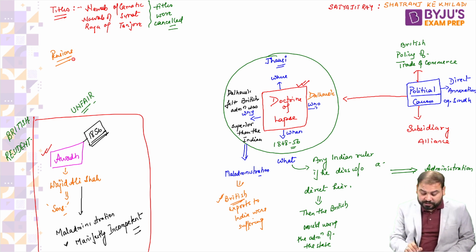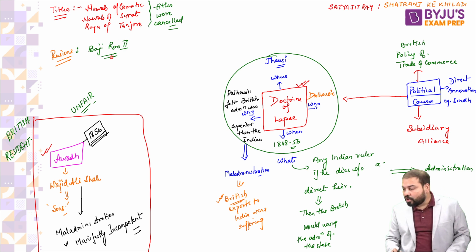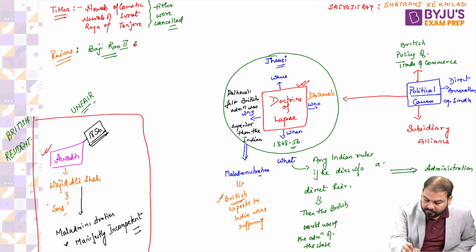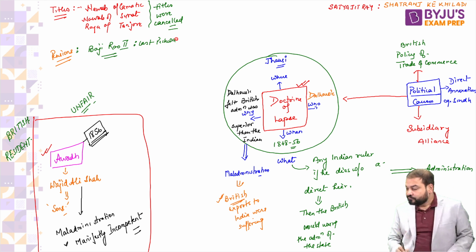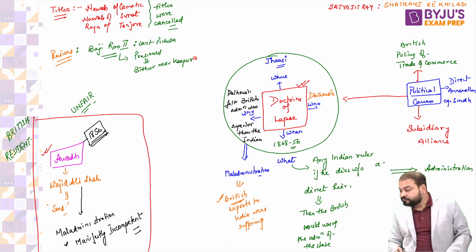All of you, do you remember this name, everyone? Bajirao II. All of you, do you remember this name? Last Peshwa. And we studied, he was given pension and sent to Bithur, which is near Kanpur.